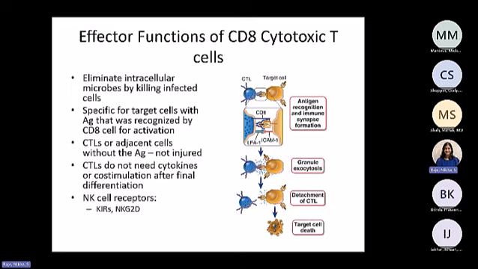That granule exocytosis happens as the synapse is formed for some time, the granules are released in that synapse, and then those granules are taken into the target cell. At that time, the CTL detaches from that target cell, and that target cell will continue to have those granules in them, because of which those granules will lead to the cell death of that target cell.